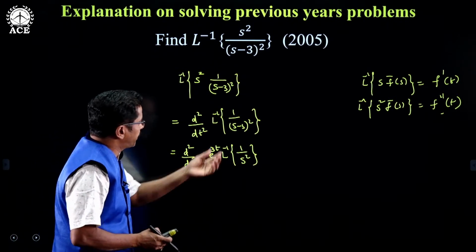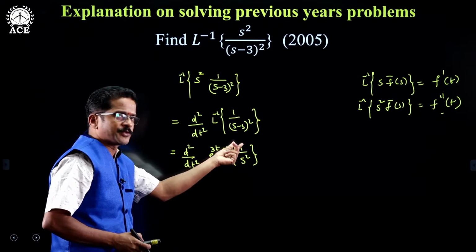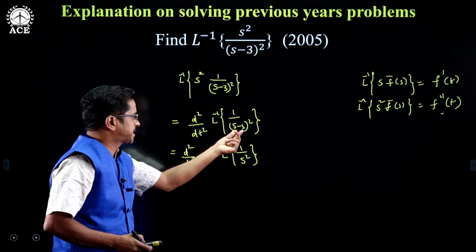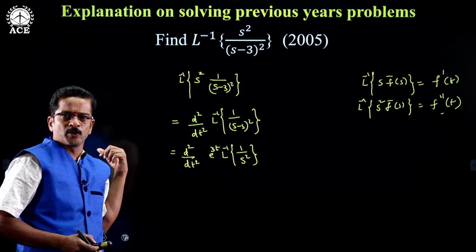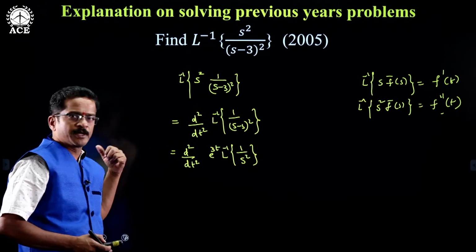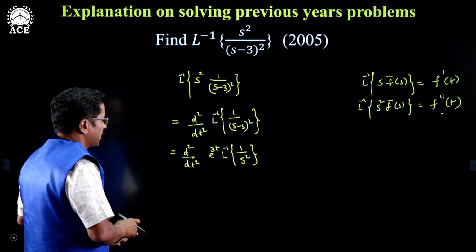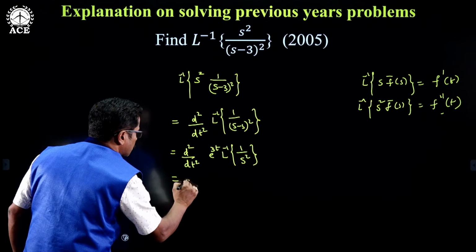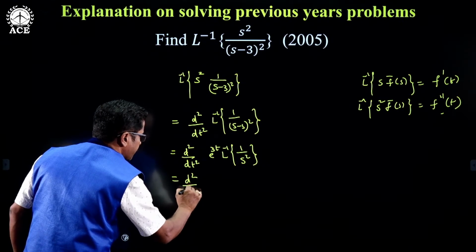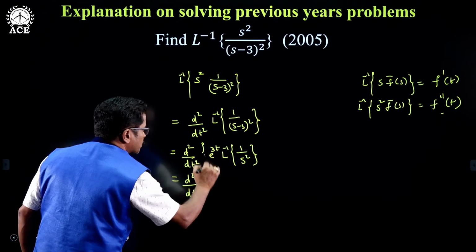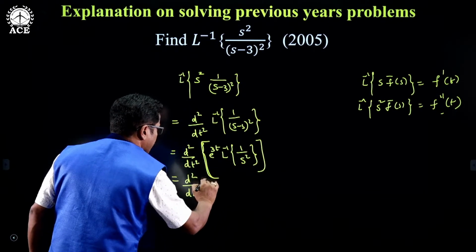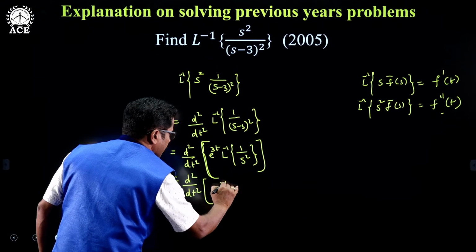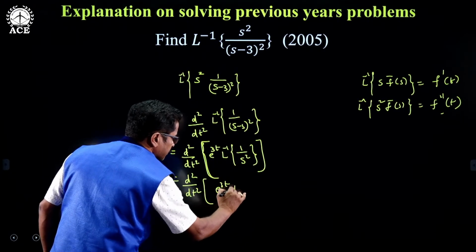Here I cannot directly evaluate applying the first shifting theorem, so this 1 by (s minus 3) whole square is going to be 1 by s square by e power 3t, by taking e power 3t from L inverse. So now, of course, you need to write like this: e power 3t, L inverse of 1 by s square is t.